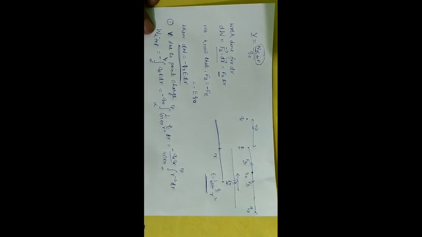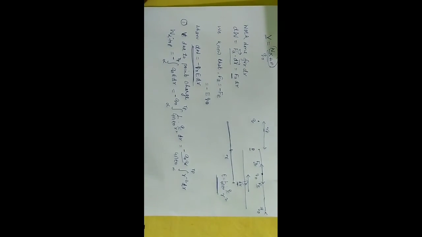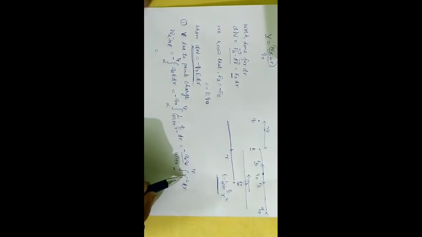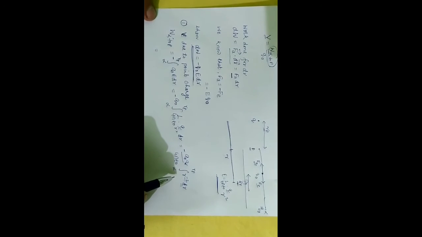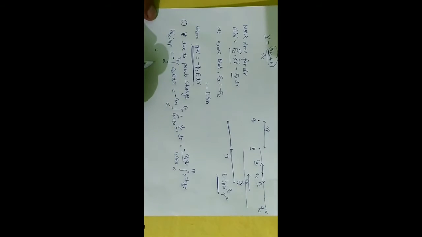Now we solve a little bit. So what do you get? What is the integral of x raised to power n into dx? That is x raised to power n plus 1 divided by n plus 1.